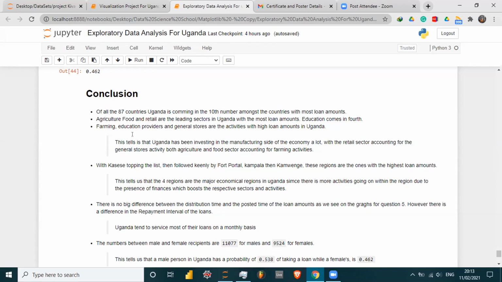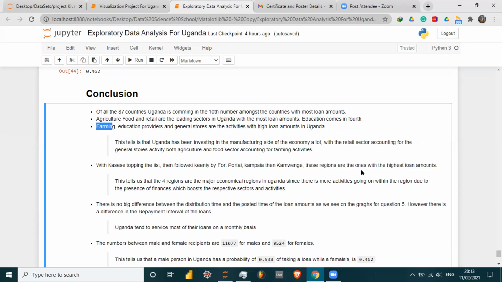So I went ahead and explained my third statement and said this tells us that Uganda has been investing in the manufacturing side of the economy a lot, with the retail sector accounting for the general stores activity, and both agriculture and food sectors accounting for farming activities. Then my fourth point, with Kasese topping the list, followed keenly by Port Portal, Kampala, and Kamwenge.